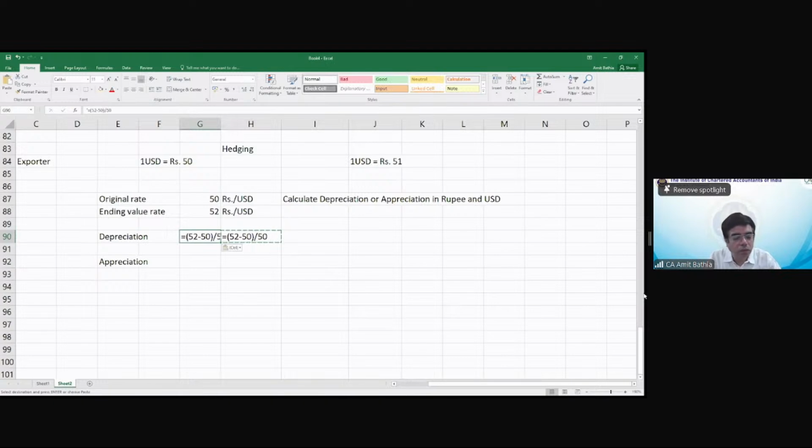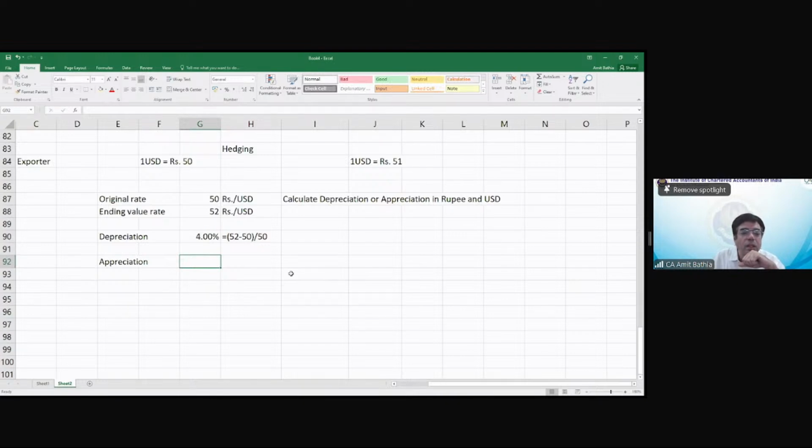Okay. So in percentage terms, this comes as 4%. Am I right? This is the depreciation of INR by 4%. Now, can you tell me what will be the appreciation of the currency? Sir, S minus F divided by S or F, I guess.